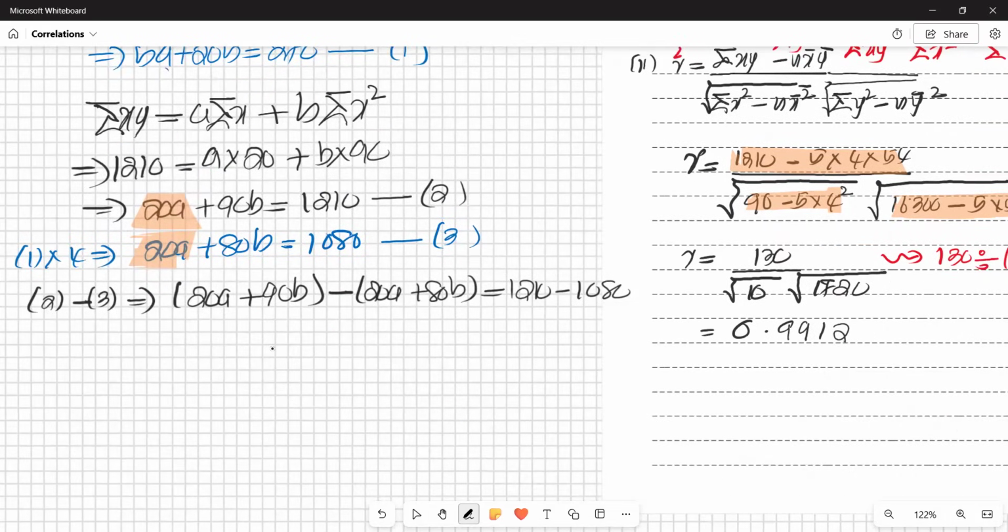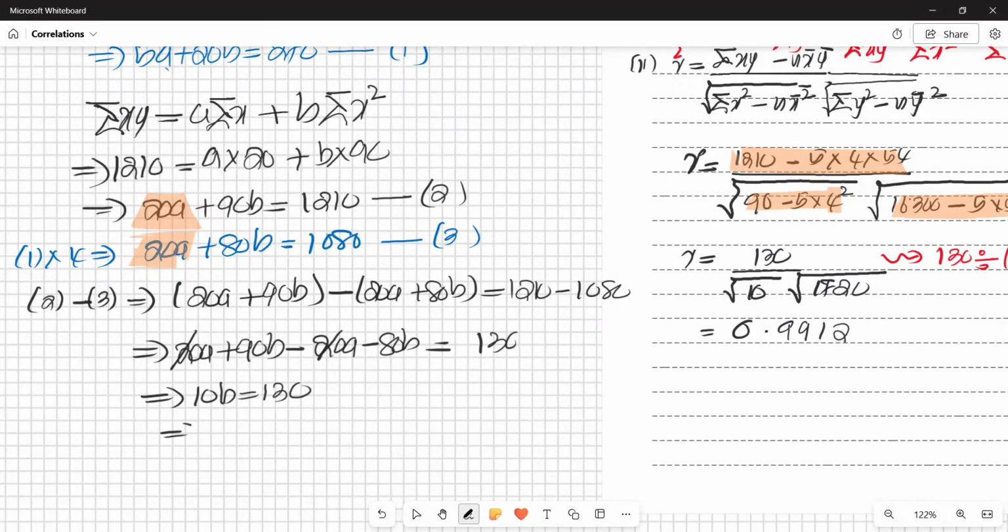Now remove the brackets: 20a plus 90b minus 20a minus 80b equals 1210 minus 1080, this is 130. Then 20a will cancel out. This is 10b equals 130. Therefore, b equals 13.